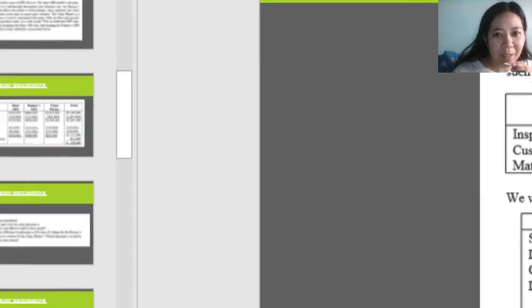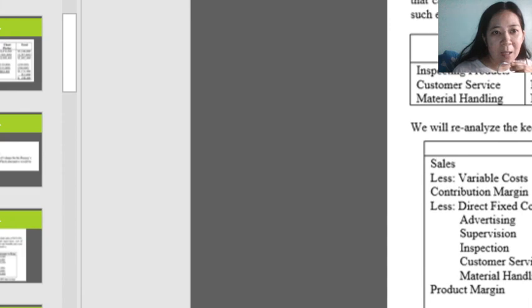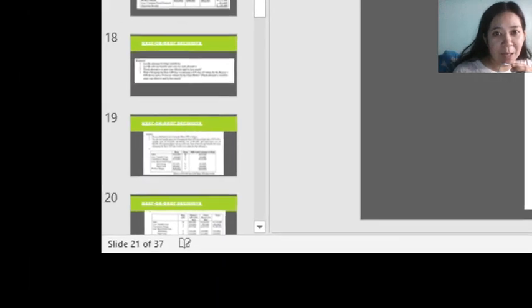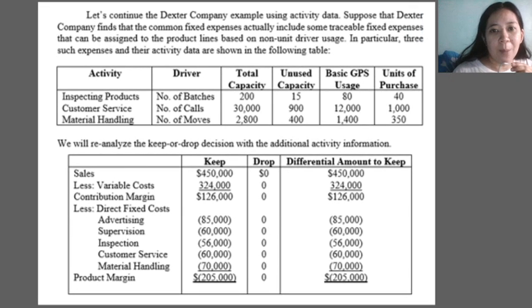If we use the ABC cost management, normally we will add some costs there. If you could notice, aside from what we have included in the previous illustration, we have inspection, customer service, and materials handling that added to the cost.